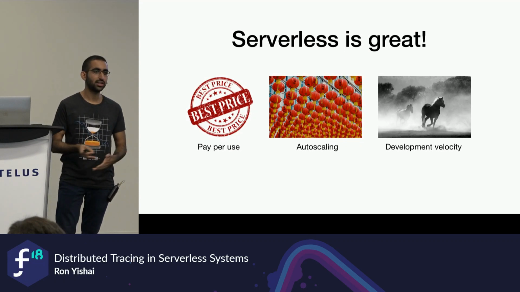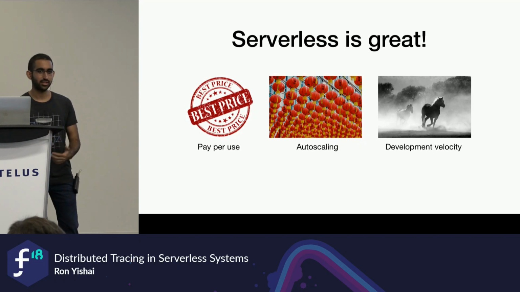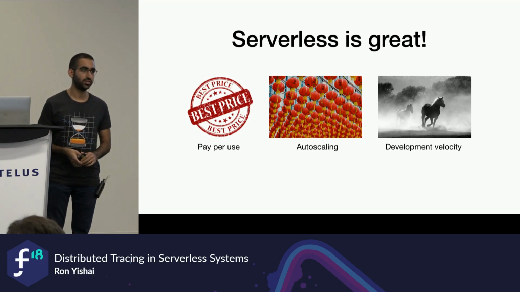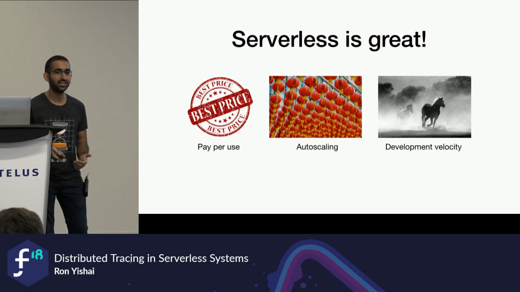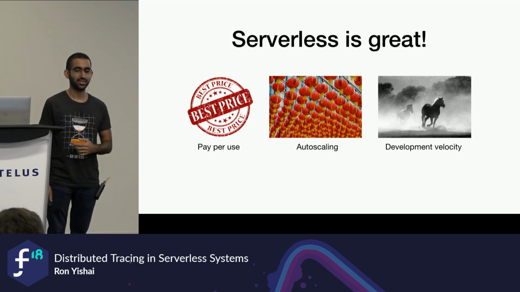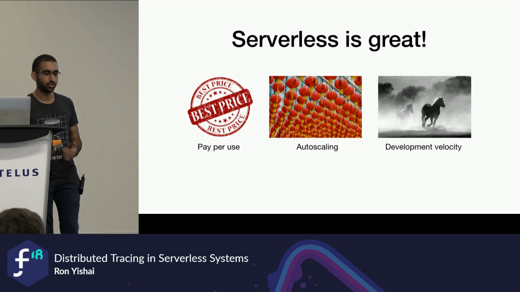We have hundreds of functions, a lot of different resources and everything. It can really give you much more development velocity. You usually just do SLS deploy, and the code is up and running if you're using the Serverless Framework. So no more configuring servers. It was really talked about a lot before.